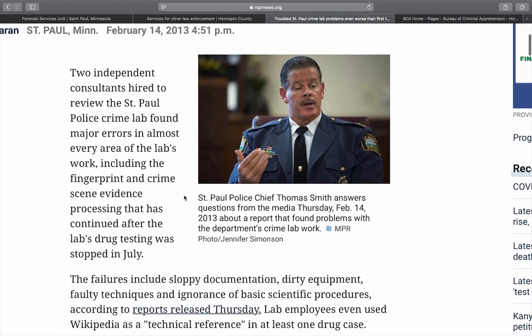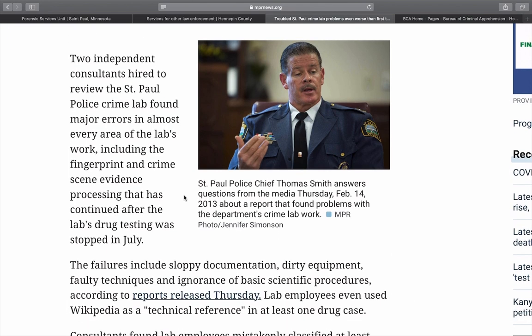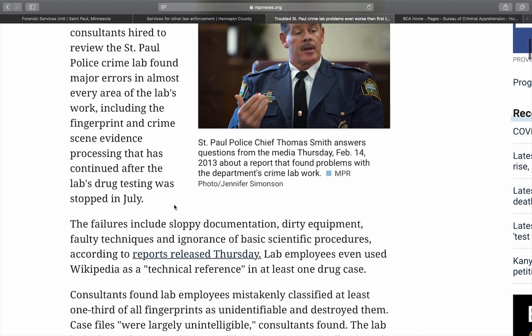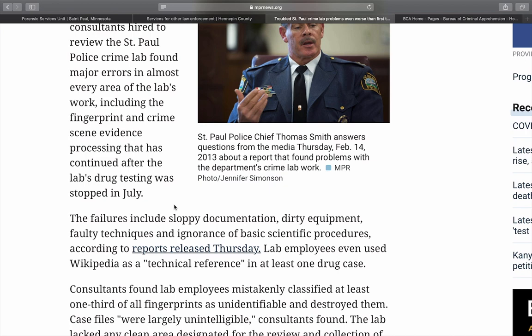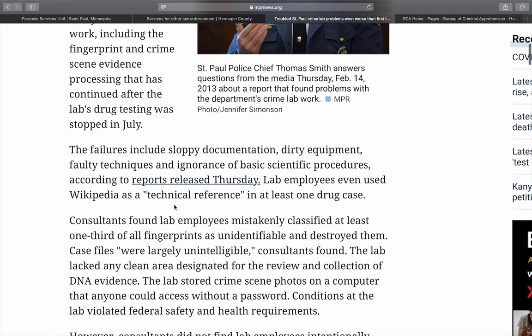This was really big back in 2013, including fingerprint, crime scene evidence processing that has continued after the lab's drug testing was stopped in July.